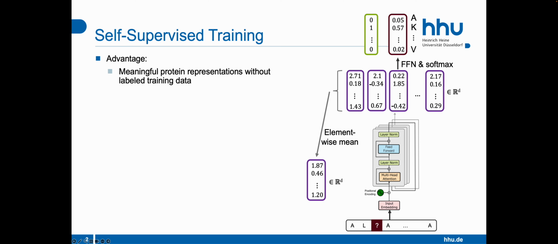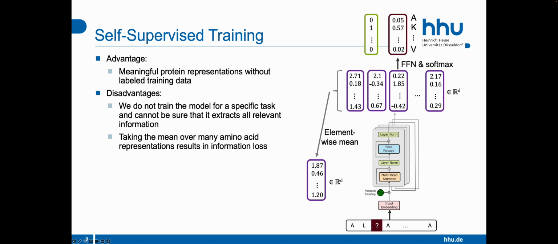The advantage of this method is that we can generate meaningful protein representations even for prediction tasks where we don't have a lot of labeled training data. The disadvantages of this approach are that we did not train the model for a specific task, and therefore we cannot be sure that the resulting protein representations contain all the information that is relevant for our prediction task.